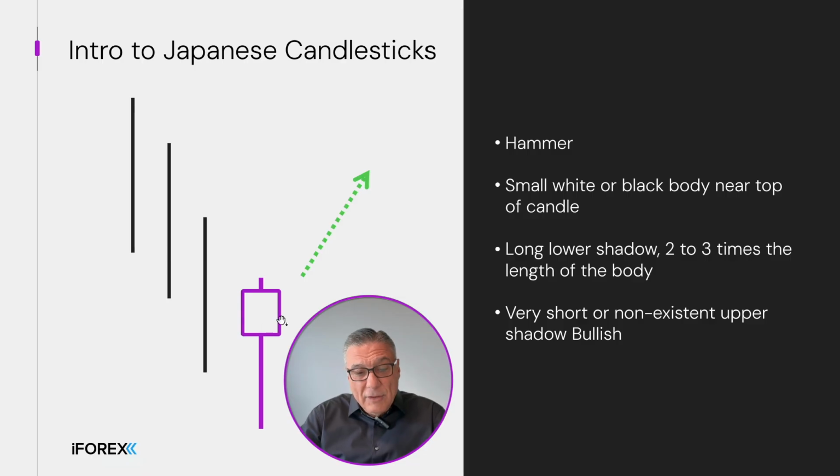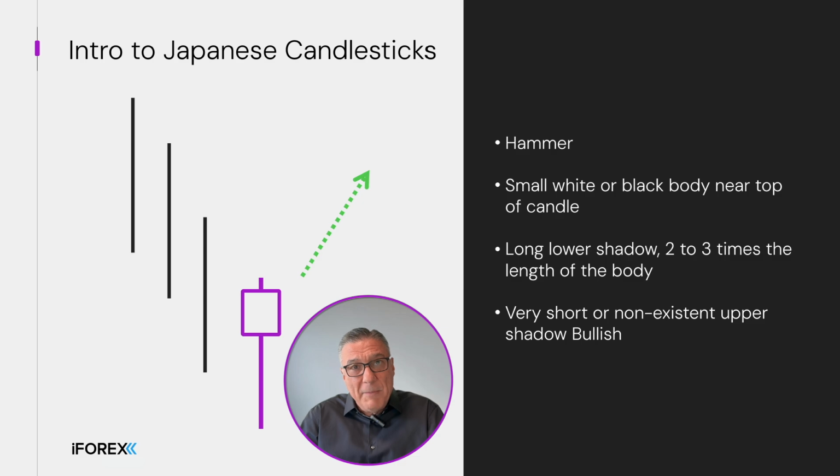Now, the market opens here in this small body, and then perhaps it marks a small upper shadow, but eventually falls lower, much lower, but something happens there, and the market rejects these low prices, and then the market moves higher to close the session near the price where it opened. And this is the logic behind the hammer.